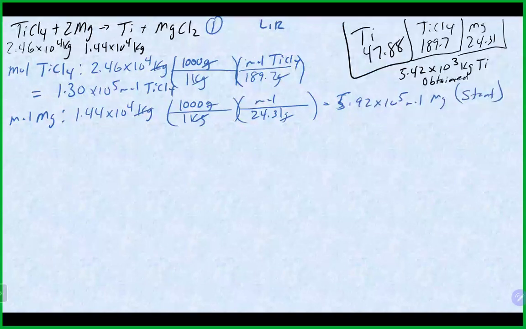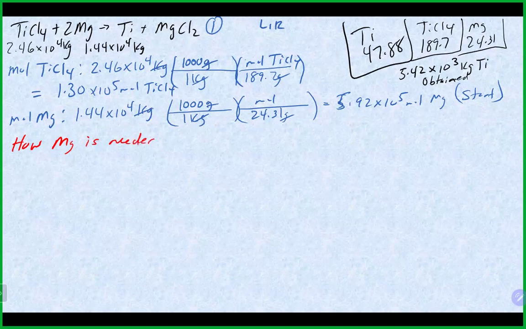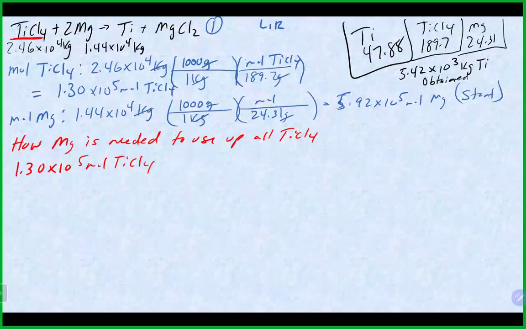All right, so now like normal here, we're going to do our little limiting reagent calculation. So I'm going to figure out how much magnesium is needed to use up all the TiCl4. I'm going to take the moles of my TiCl4, which is our 1.30 times 10 to the 5th. We're going to go to the equation and find the mole-to-mole relationship between those two. And we can see that for every 1 mole of TiCl4, we need 2 moles of magnesium.